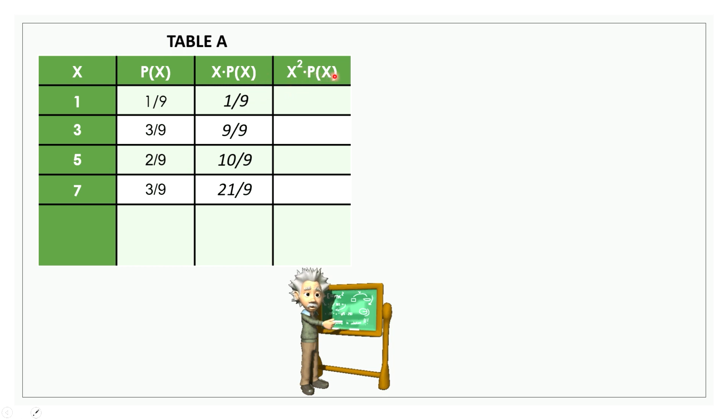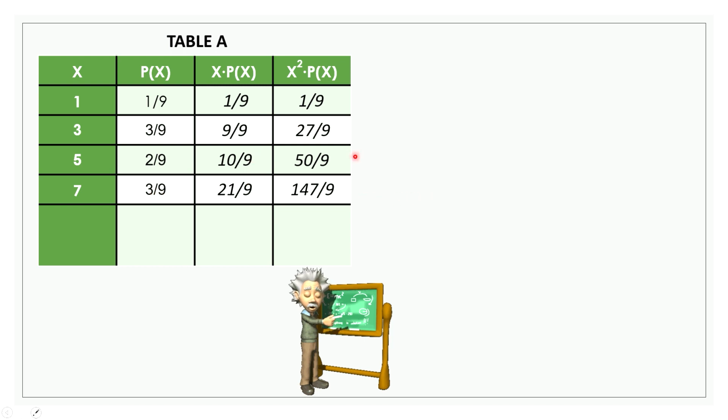So 1 squared multiplied by 1 over 9 is equal to 1 over 9. And then 3 squared multiplied by 3 over 9 is equal to 27 over 9. And then 5 squared multiplied by 2 over 9 is equal to 50 over 9. And then 7 squared multiplied by 3 over 9 is equal to 147 over 9.